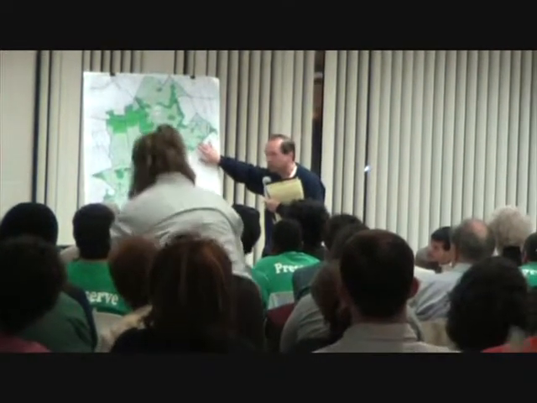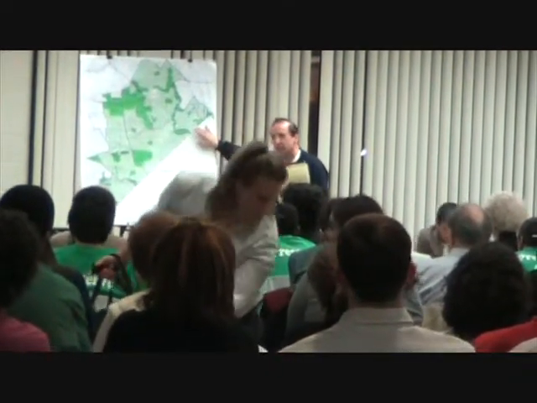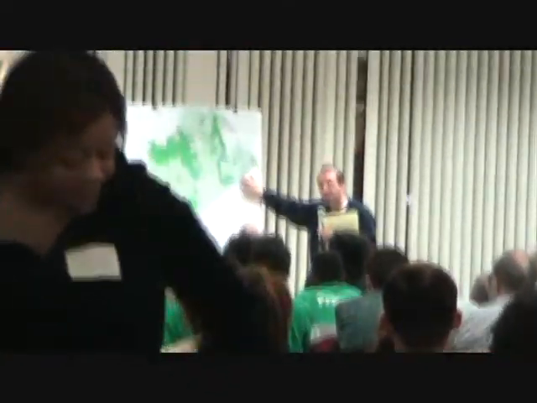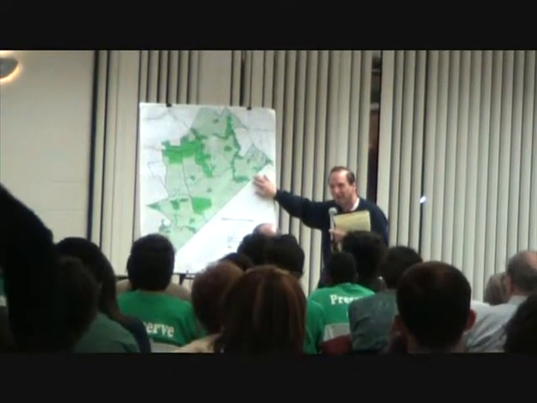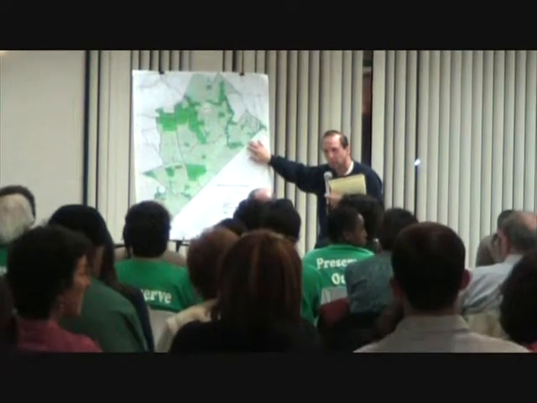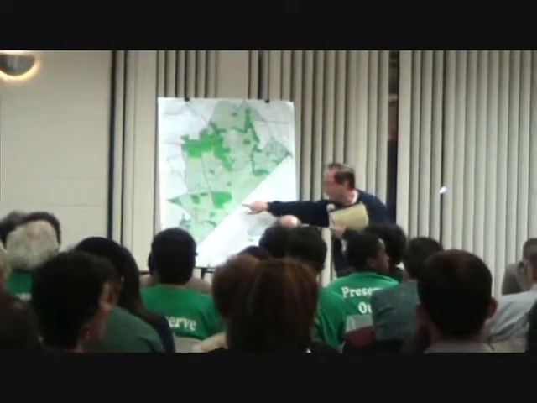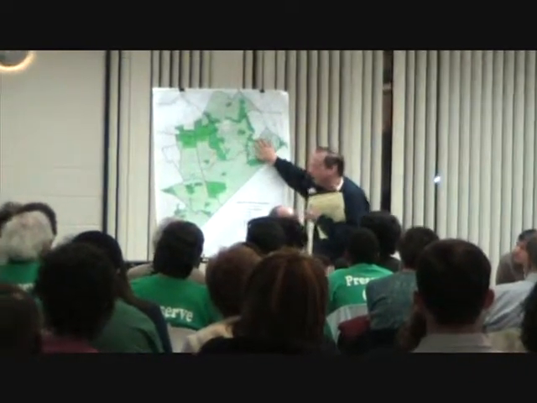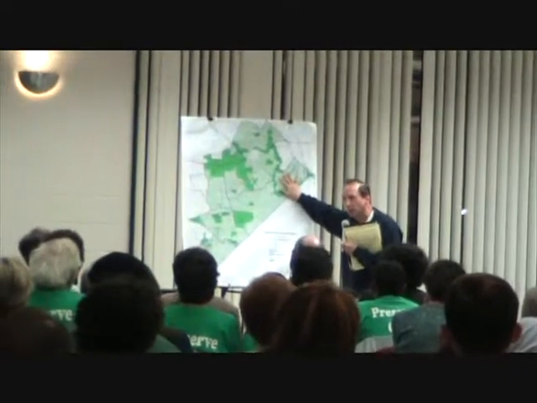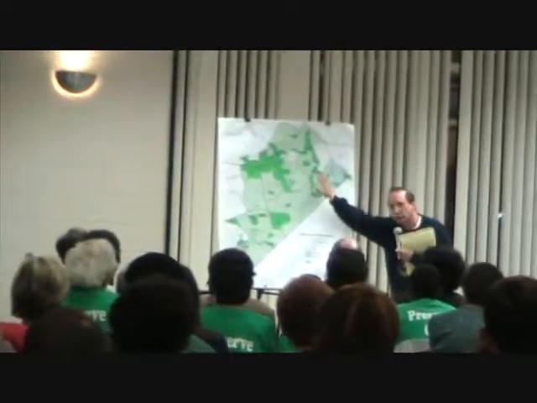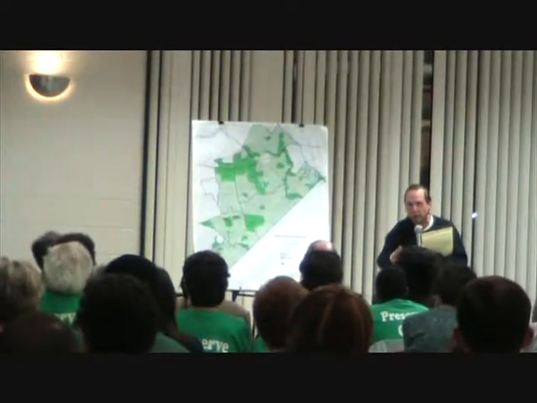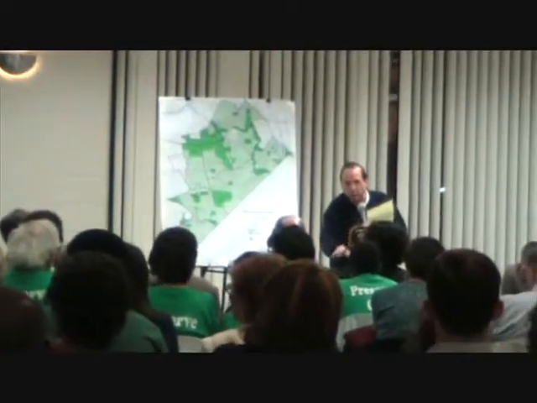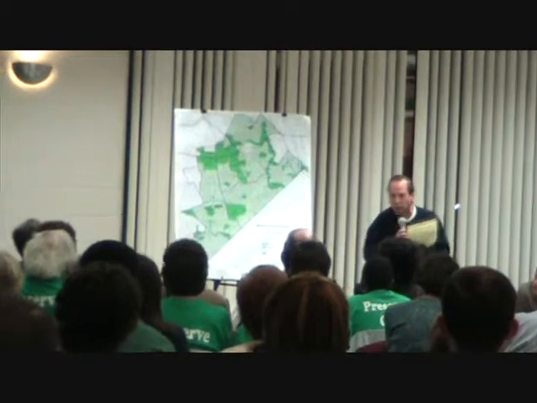If you locate a school on the border, which this essentially is, you're really saying walking access is half as important by choosing this site versus almost any other place in the area at issue, except of course if you did it here or here. Hundreds more children would be able to walk to school. If obesity is an issue, hundreds more children would be able to walk to school.